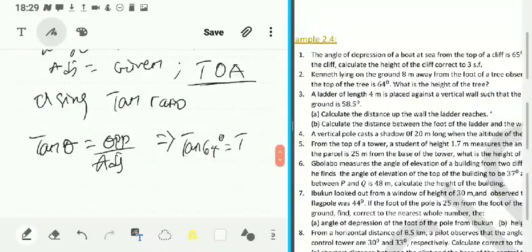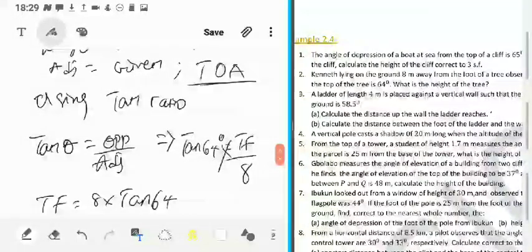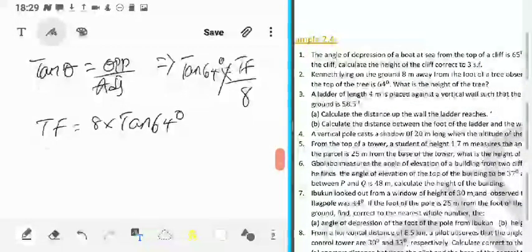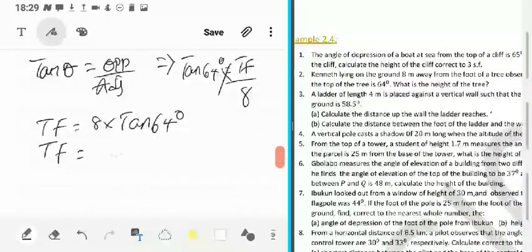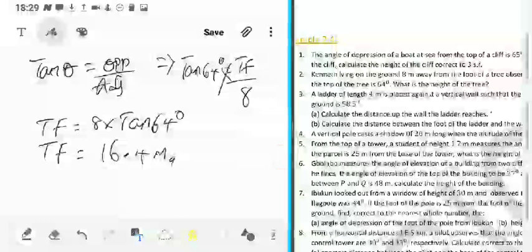So we have TF over 8. Cross multiply. You have TF equal to 8 times tan 64 degrees. So TF gives 16.4 meters. We're not going to round up to anything, so we just leave the answer like that.